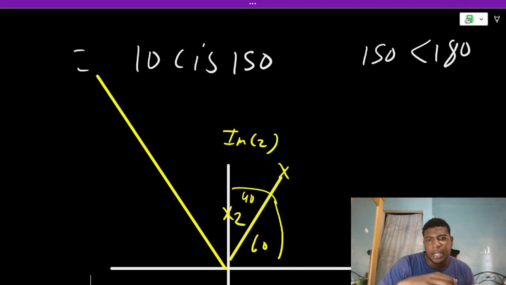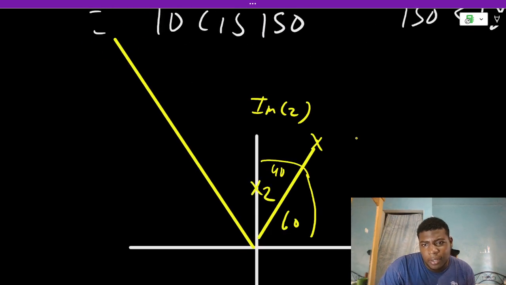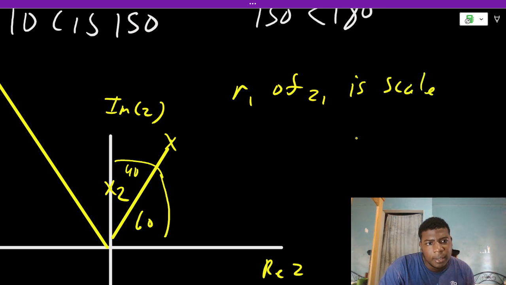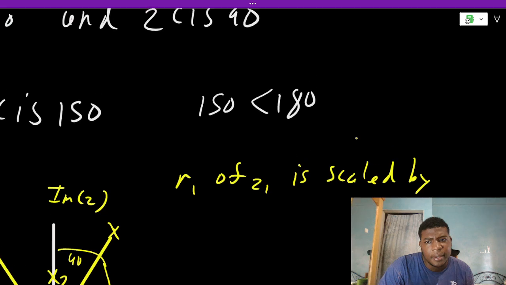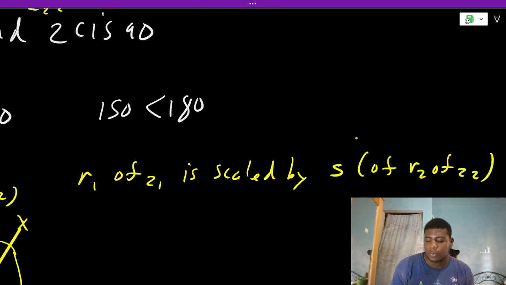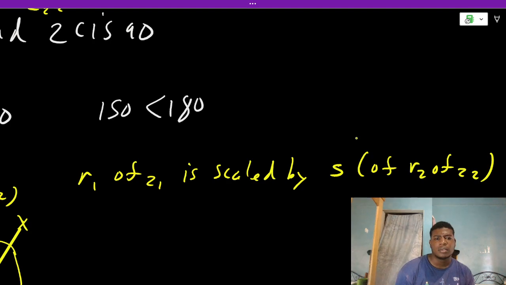Yeah, it depends, right? If you let this be z1 and z2 equal this, we realize that r1 of z1 is stretched or scaled by 5 of r2 of z2, and this is rotated.